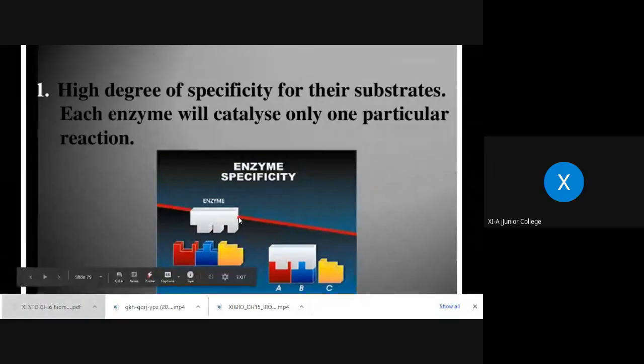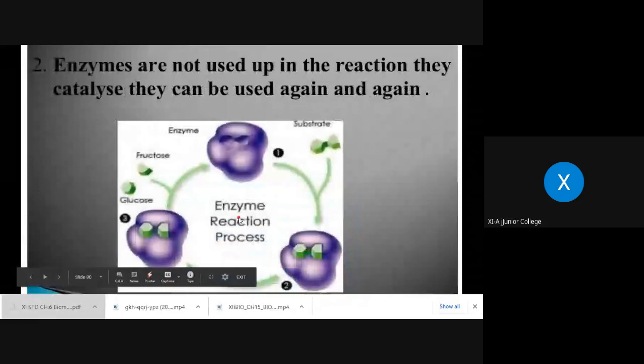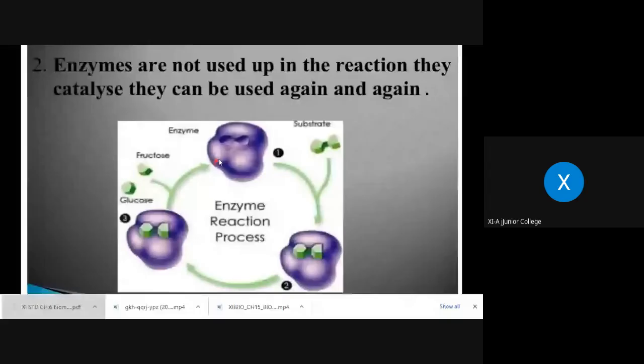Then enzymes are not used up in the reaction they catalyze. They can be used again and again. In this reaction, you can see the enzyme and the substrate, this is the enzyme substrate reaction, and after this is done, the enzyme is released to be used again for the next substrate to act upon.